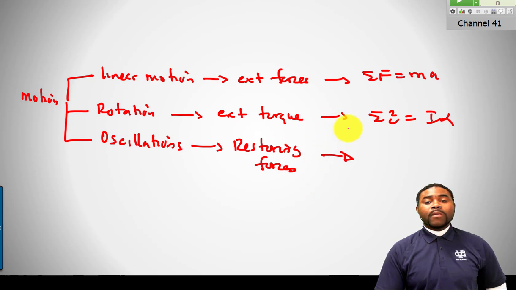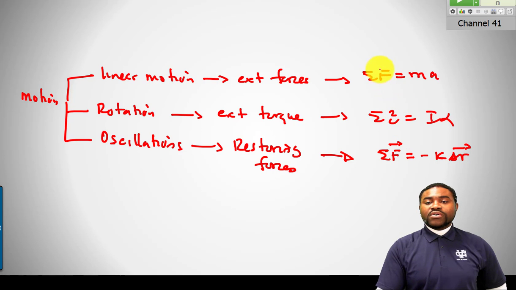Keep that in mind. So the summation of F will be equal to negative K delta R, where delta R, as usual, is the displacement of the object.